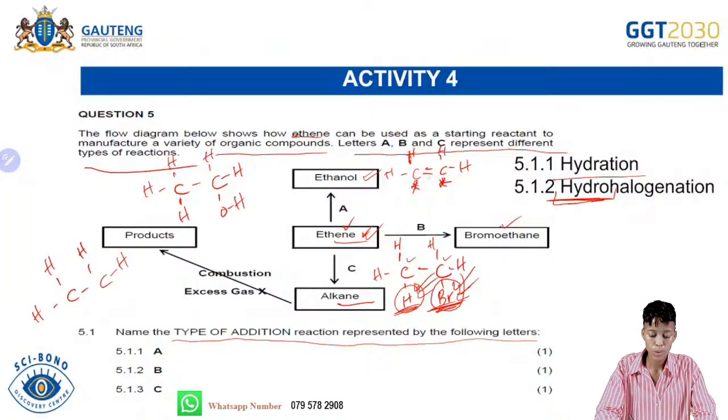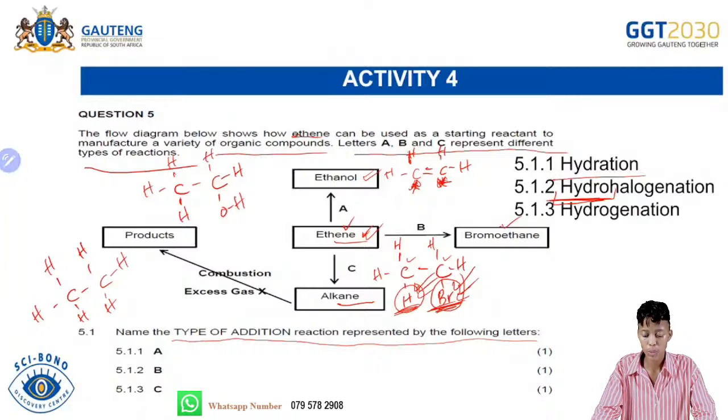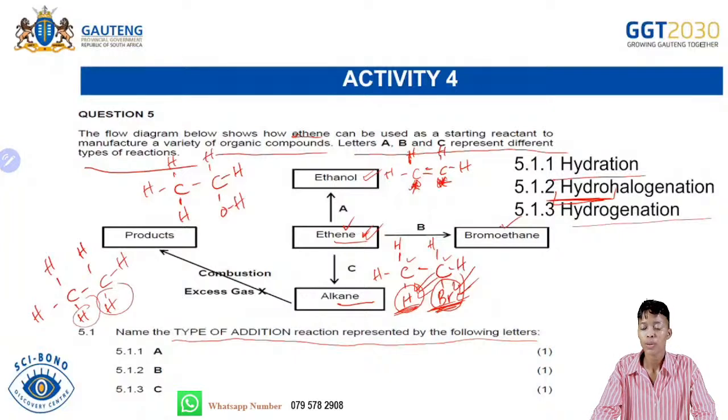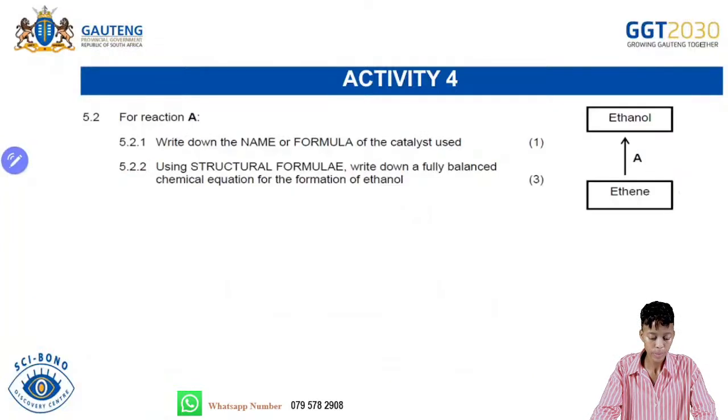If you are moving from an ethene, which has a double bond there, to an alkane, what is it that you need to add? You will need to add 2 hydrogens. So the addition of 2 hydrogens would be called hydrogenation. Hydrogenation is just the addition of the 2 hydrogens there.